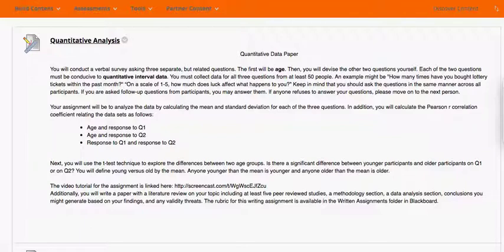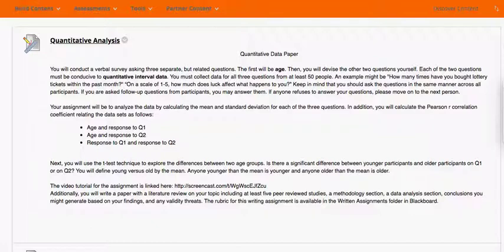So we're having you do a literature review just to get some more practice reading other studies that have been written. And then you'll also do a methodology section where you're going to talk about how you got your participants, right? What were the specific questions, all of that kind of thing. And then you'll do a data analysis section where you will analyze your data.